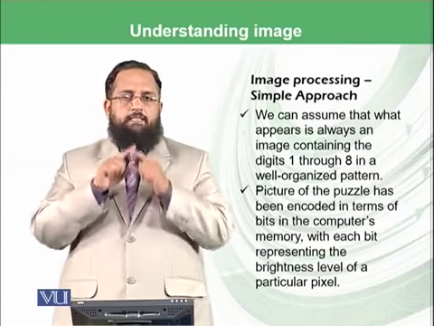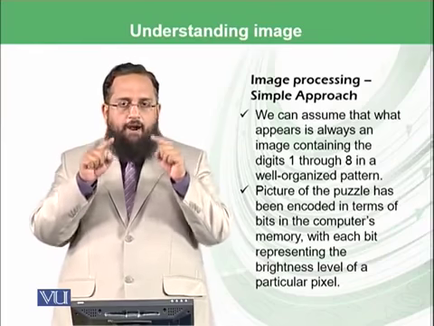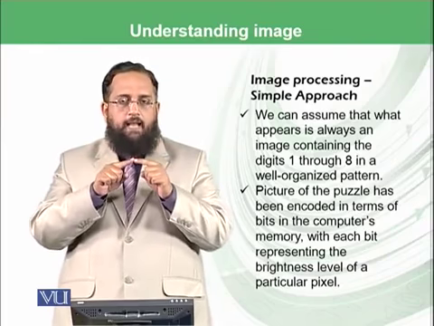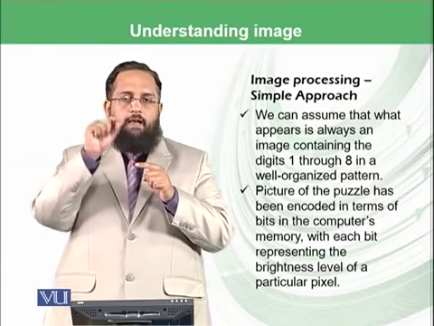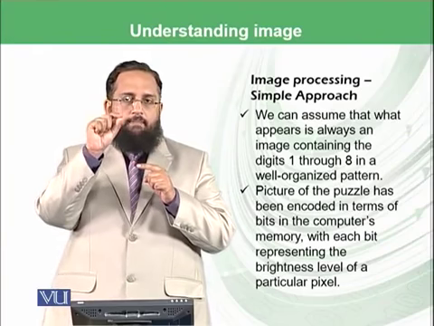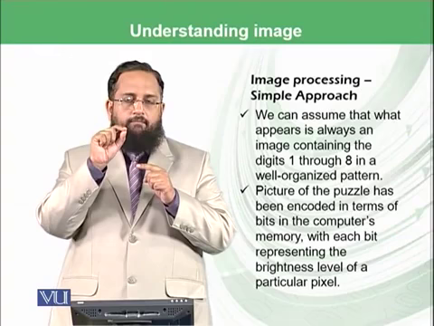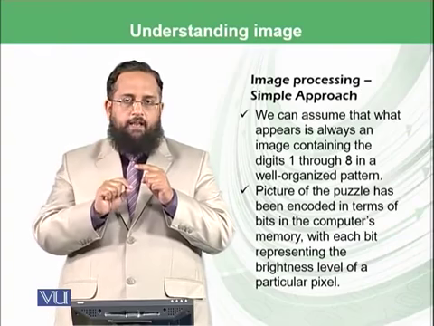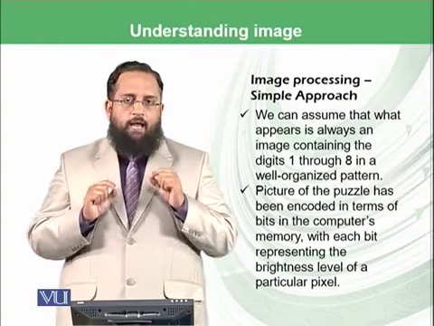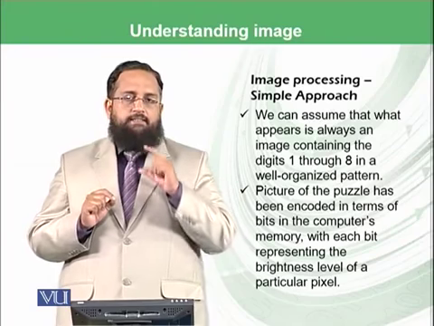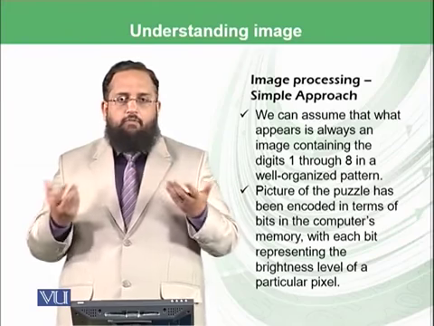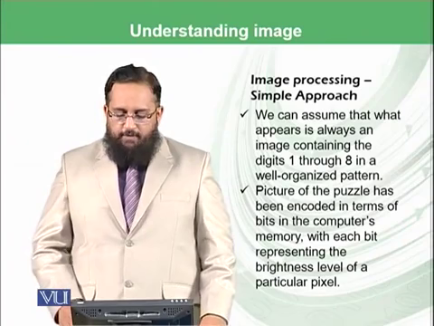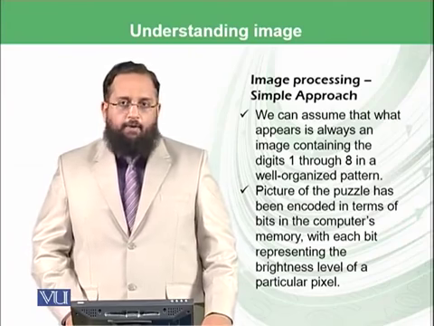Let's say that this square has 100 by 100 pixels. And if you find pixel numbers, for example, 28, 39, 49, 59, 69, less bright, this means that this is written 1. So this could be the simplest way, with each bit representing the brightness level at a particular pixel.